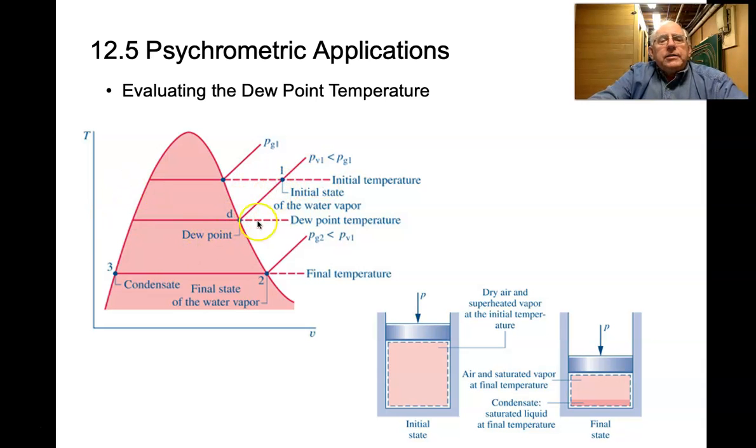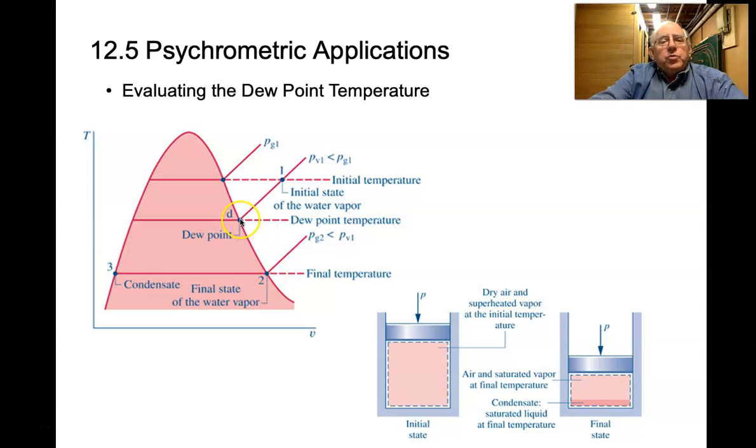Now, if we brought the condition to that point, and reduced the temperature even more, we would then follow the saturation line. As we drop the temperature more, some of the water will condense, and some of the water will stay vapor at the saturated condition.